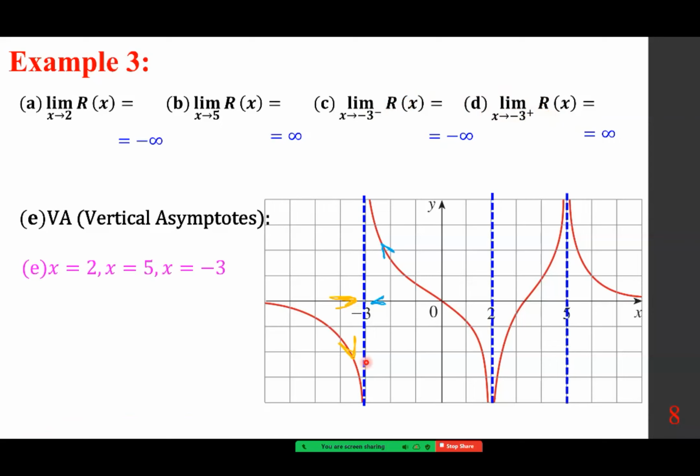So this is x equals negative 3, x equals 2, x equals 5. And again, vertical asymptotes have equations. That's the definition of a VA, vertical asymptote.